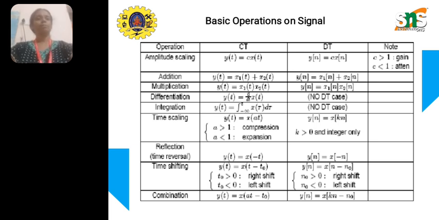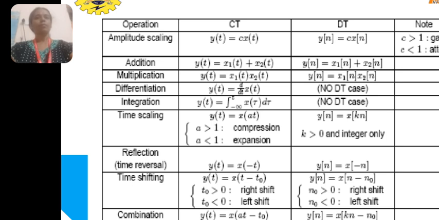So what is scaling? Scaling is nothing but either increasing or decreasing by a certain amount of value. Amplitude scaling: in this operation, the amplitude of the given signal is either scaled up or scaled down.